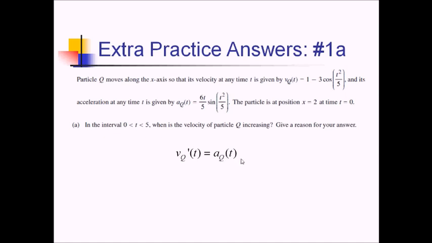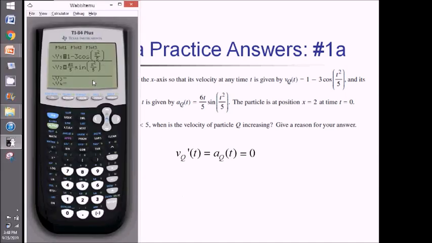So I'm going to set this equal to 0 and graph this out on my graphing calculator. I've entered two things in my Y= on my calculator. The first, in y1, was this velocity formula, and the second, since they gave it to me for free, was this acceleration formula in y2. Out of both of these, I just want to graph y2 for this problem, so I'm going to deselect my velocity function.